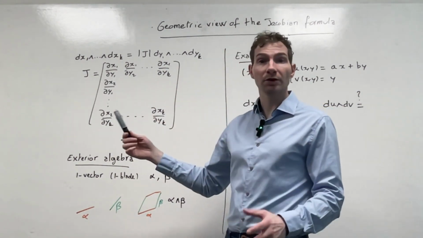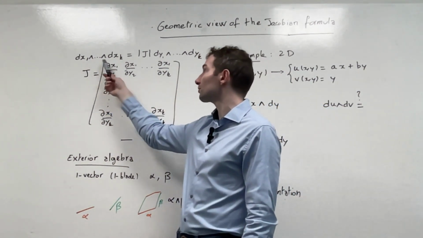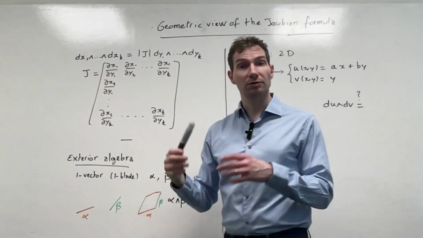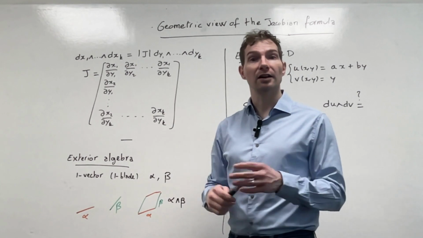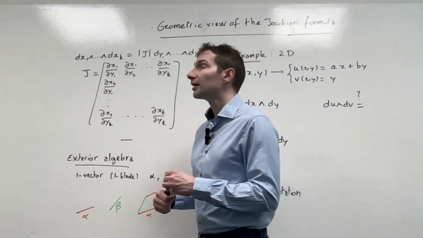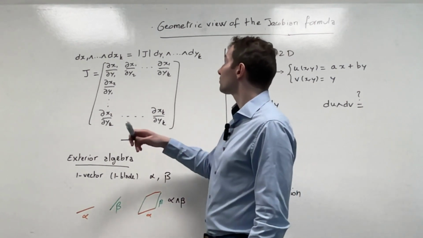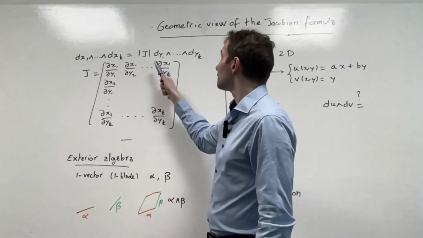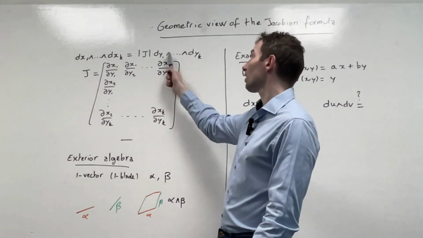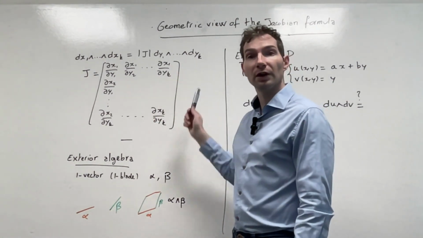But the bottom line is that if you've got a certain system of coordinates and you've got multiple wedge products of these k blades or forms, then you end up with this formula for the new coordinate system or the new set of variables y, so y1 to yk.